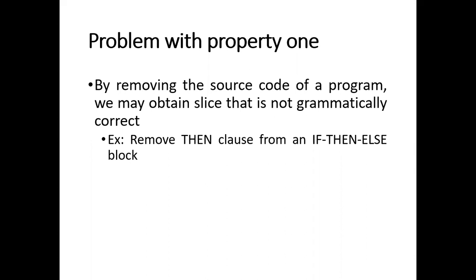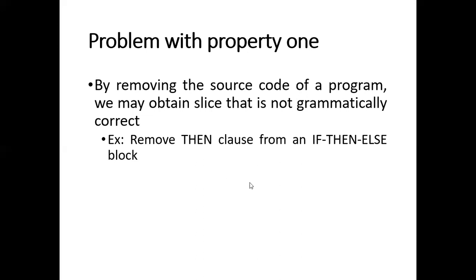So if you are removing, either you have to remove the entire if, or you have to keep the entire if-then-else statement. It means if you have an if-then-else statement block, either you should keep the entire block or you entirely remove it.